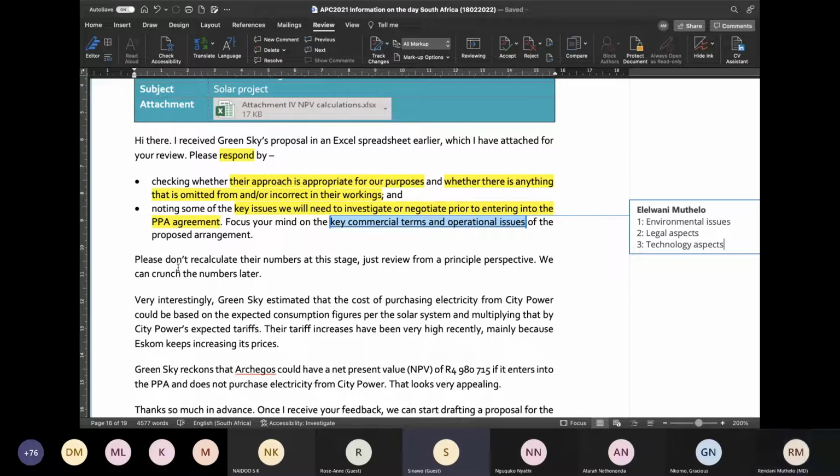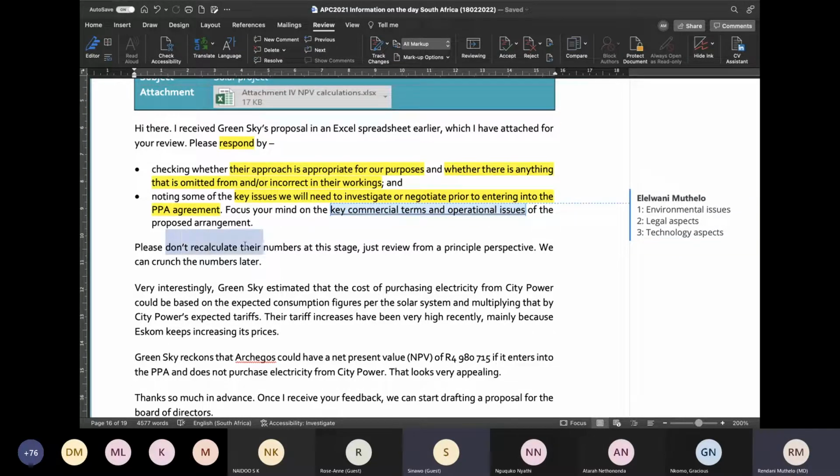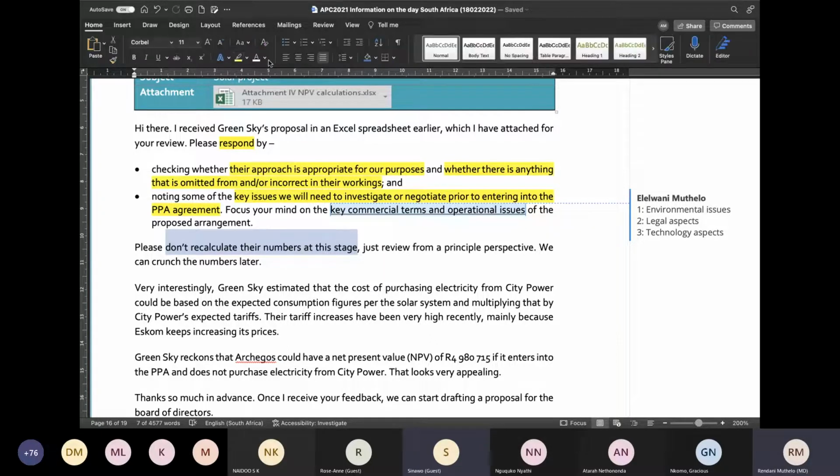Then she said further, don't recalculate their numbers at this stage. And then the question was, what should I be doing? If you are telling me don't recalculate the numbers, what should I do?